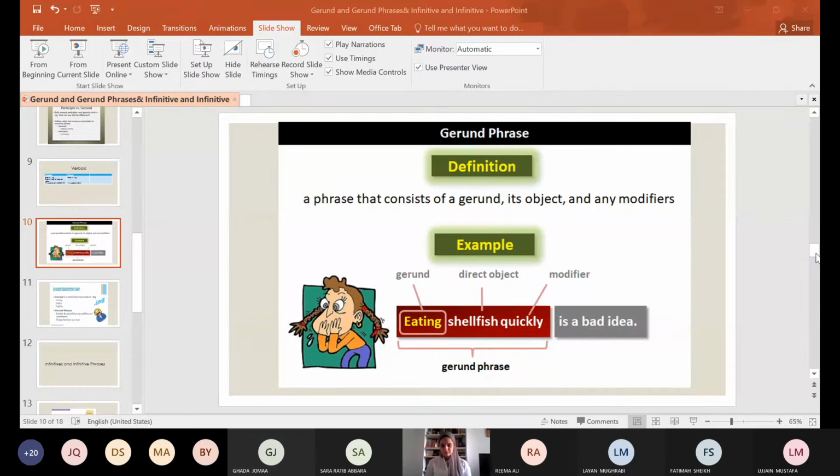Sentence number 2. Search for a word that ends in ing. Comparing.